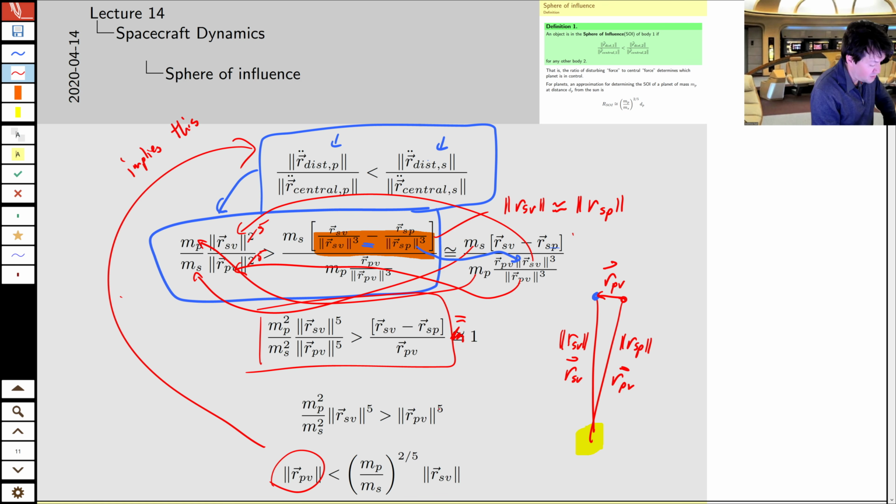Divide by, take the fifth root of this term. Of course, the fifth root of this term is just this itself, and this is to the power 2 divided by 5. So that's our rough and ready rule for when you're in the sphere of influence of a planet. And of course, if you're not in the sphere of influence of a planet, you're in the sphere of influence of the sun.